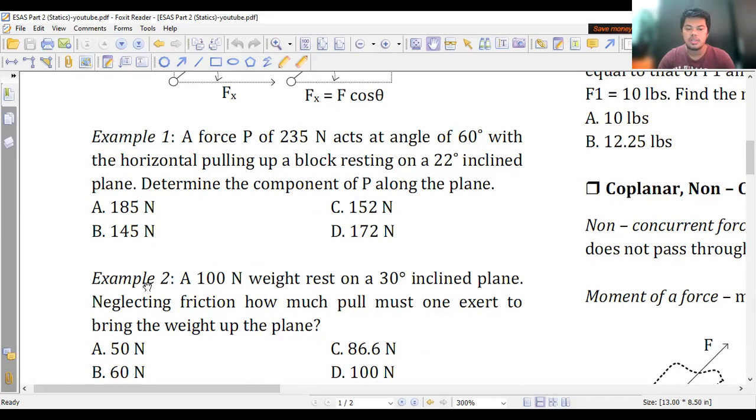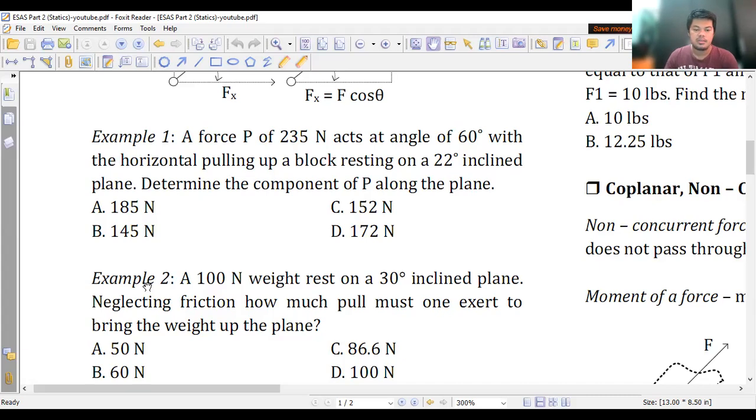It is pulling up a block resting on a 22-degree inclined plane. So basically we have the block situated on a 22-degree inclined plane. Determine the component of P along the plane.